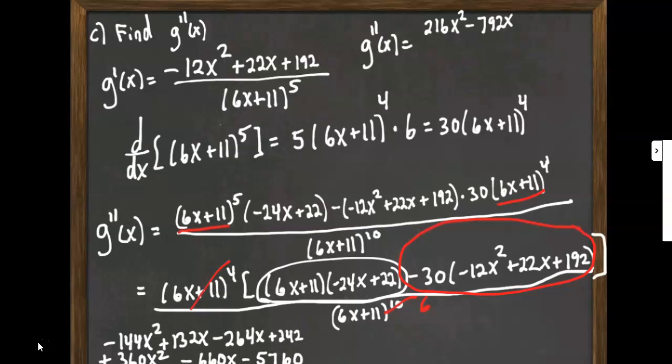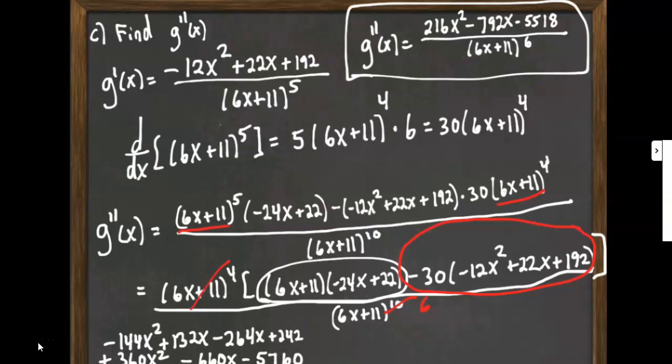And then when we take that 242 and the 5760, put those together, we get minus 5518. And that's going to be all over the bottom function raised to the sixth power. So lots of work to do these derivatives. Take your time and write them out. When in doubt, write it out. And now we finally have our second derivative for this big old mess of a function.